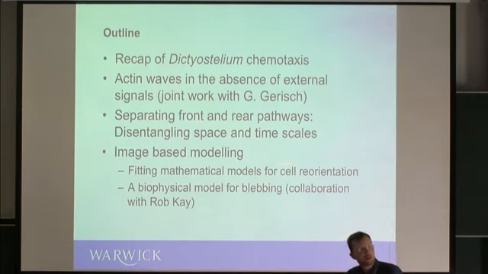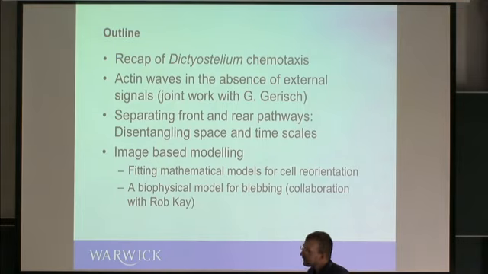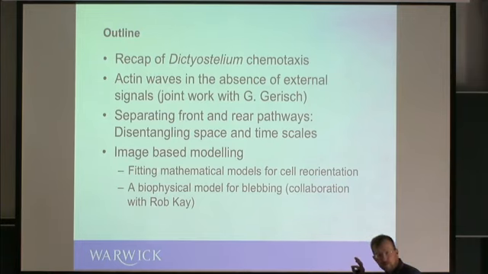And so I'm covering two different aspects here. One is fitting models for cell orientation, and again we had a discussion on how simple a model needs to be, or can be, and you will see we're talking about very, very simple models here.